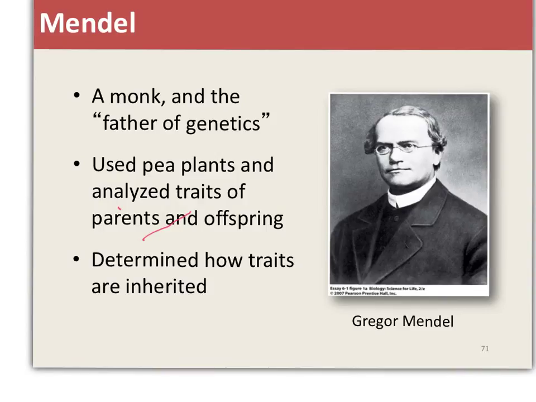In other words, we have alleles, let's say HBA, HBS, or A1, A2, A3, A4, and not like at the time, which was thought to be blending inheritance, which was like mixing red and white paint, you get pink, right? So blending inheritance doesn't really work with evolution, and it was a big problem for Darwin because they didn't really know anything about particulate inheritance.